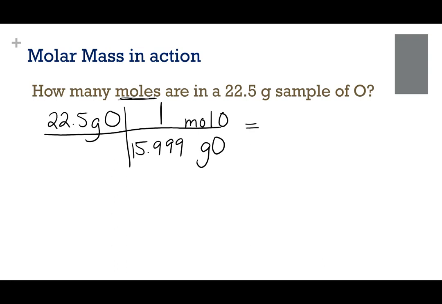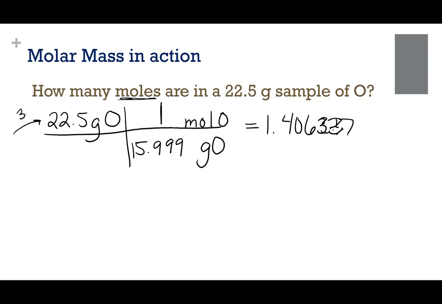Okay. Multiply across the top, divide by the bottom. So 22.5 times 1 divided by 15.999 equals, calculator spits out 1.406337, yada, yada, yada. Is that the number that I'm going to report? Of course not.